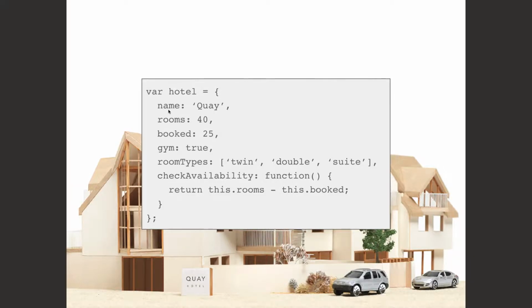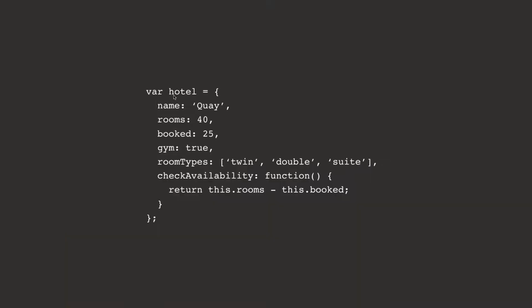So for example, here we have our object hotel. If we look at this variable here, this is how we declare an object. An object is declared with the var keyword, the name of the object, and then in curly braces you define the key value pairs.